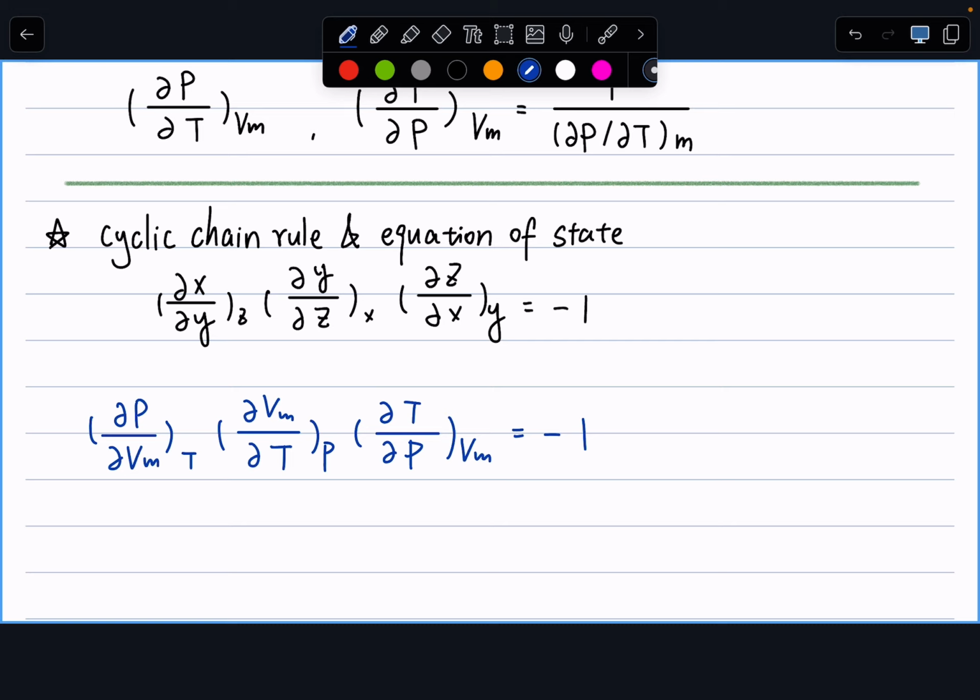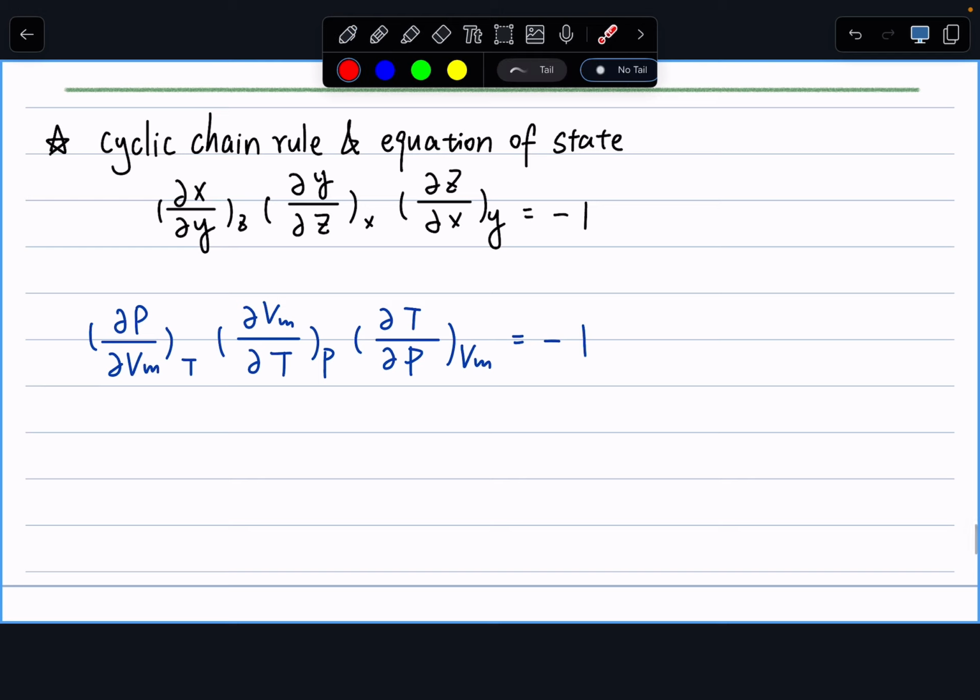Or, the other way to put it, let's just focus on these two terms with volume in there, because it's easier for us to measure how the volume of a gas changes with respect to temperature or pressure.